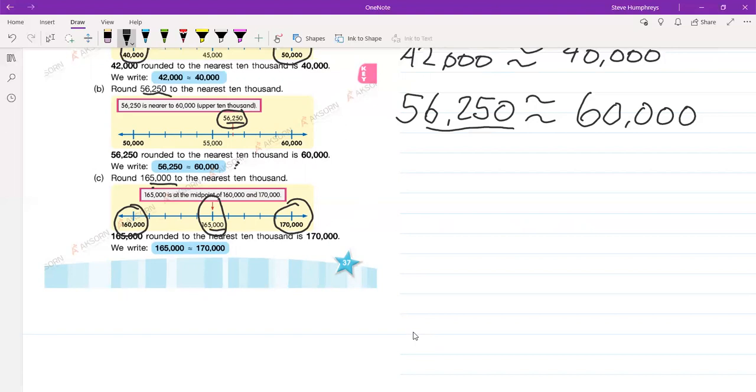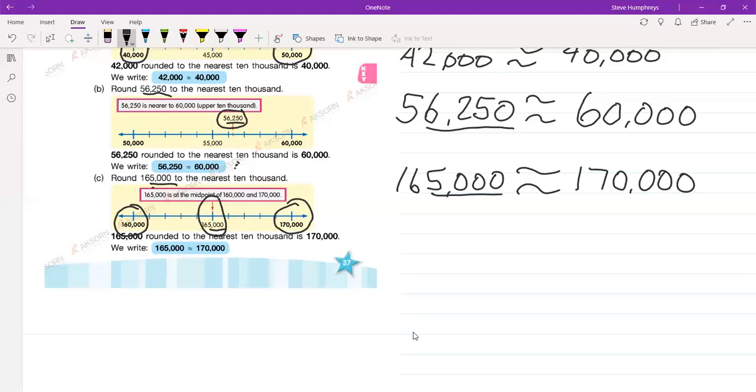Okay? So there's your number, 165,000. Last 4 digits, 5,000. That tells you what to do. Round it up to the nearest multiple of 10,000, which is 170,000.